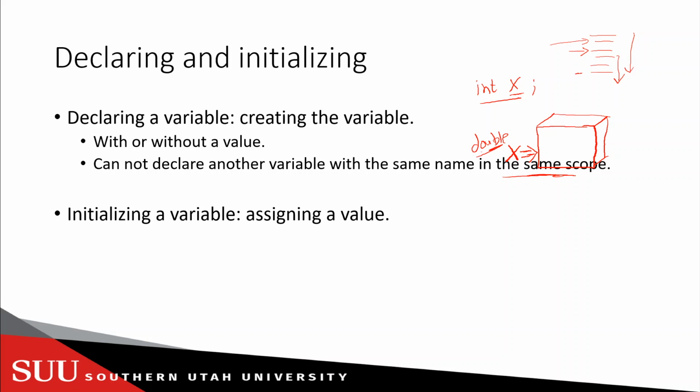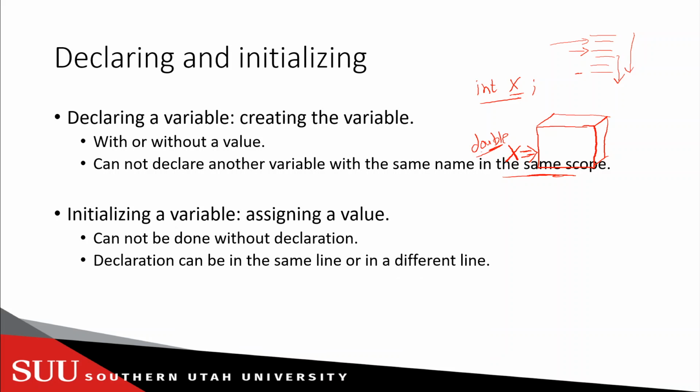Now initializing a variable is assigning a value. You cannot do this without declaration. Declaration can be in the same line or in a different line. So for example, if I want to assign the value 9 to x in this box, I cannot just do this and try to assign it without declaring it, so without having x here before.